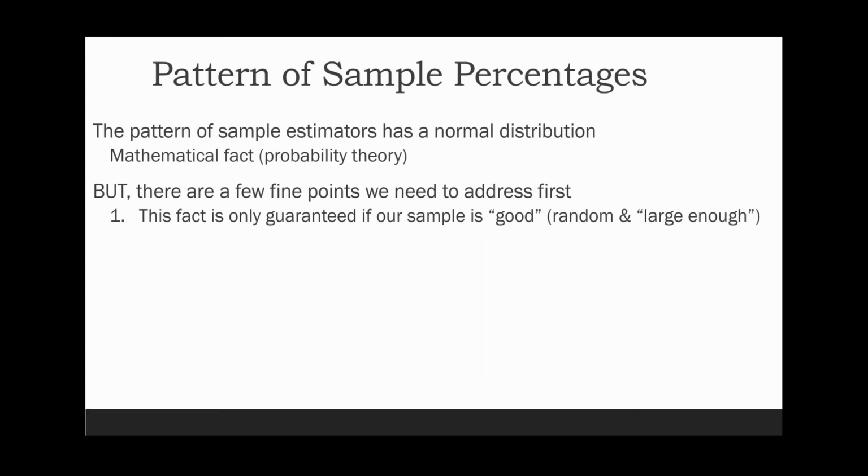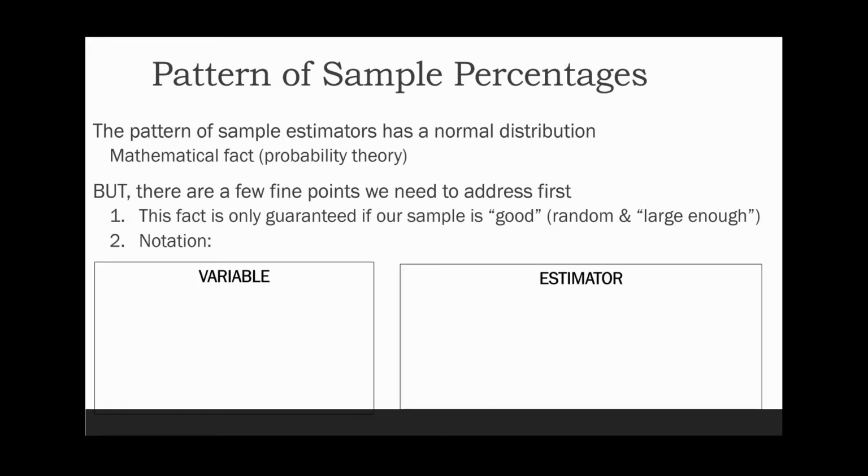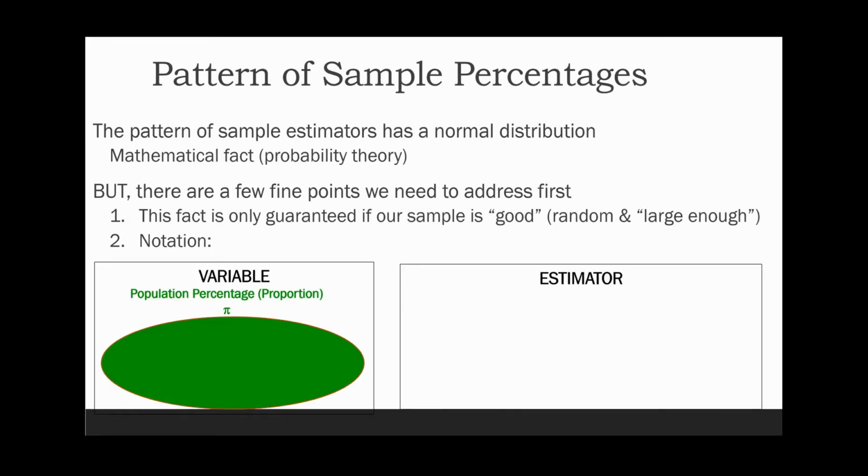However, before we can come to that conclusion, we need to make sure that our sample is good. And good here means that it's random and large enough. So as a very brief reminder, pi is not the number pi in this context. It's a number, but it's the percentage in the population in our category of interest.